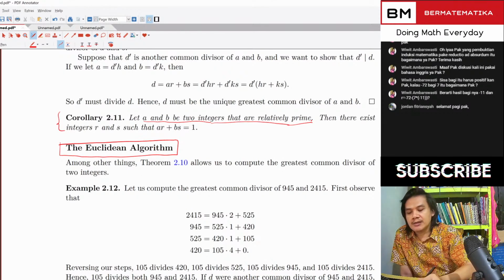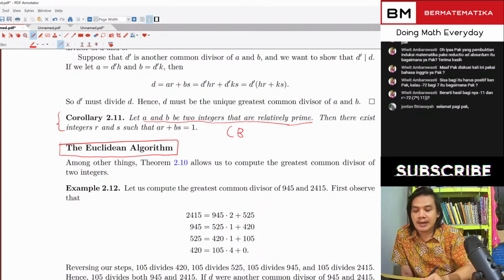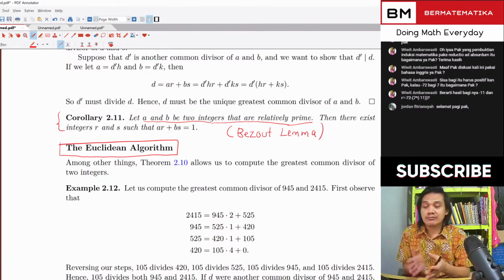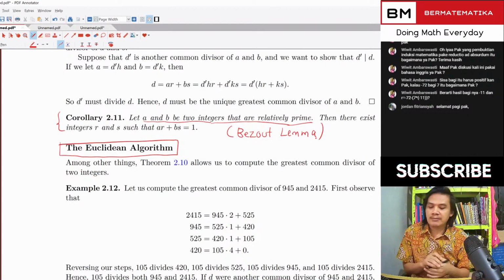Usually this is widely referred to as Bezout's lemma. So if you want to use that result, it's better to refer to it as Bezout's lemma.